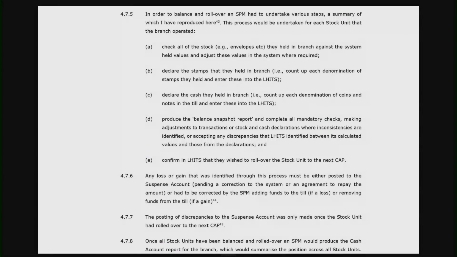Then produce a balance snapshot report and complete the mandatory checks, making adjustments to transactions or stock and cash declarations where inconsistencies are identified, or accepting any discrepancies that the Legacy Horizon system identified between its calculated values and those from the declarations. And then confirm in Horizon that they wish to roll over this particular stock unit to the next CAP.